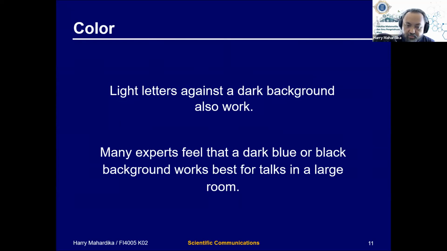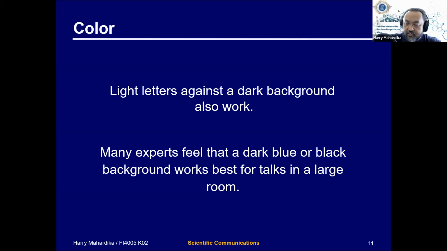Okay, so many experts feel that a dark blue or black background works best for a talk in a large room. And also when the light in the seminar room or the hall is going to be darkened, okay?